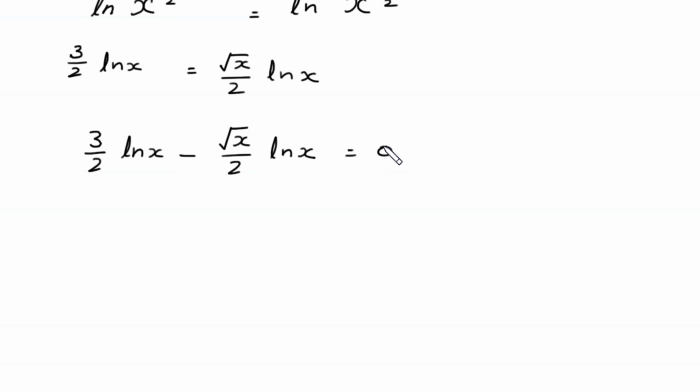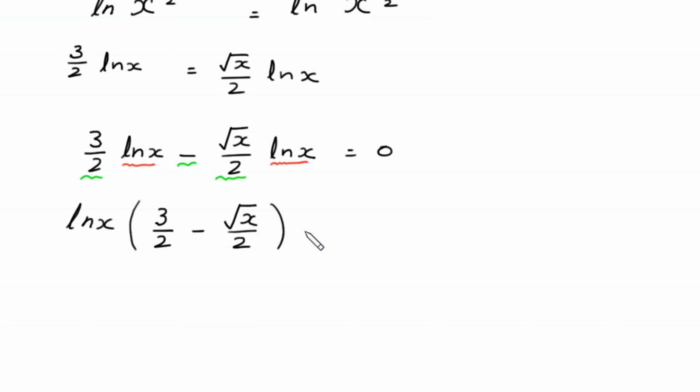Now as you can see, we can factor out this ln of x. So ln of x as a common factor, and in bracket left this 3 over 2 minus this square root of x over 2. ln of x times 3 over 2 minus square root of x over 2 is equal to 0.